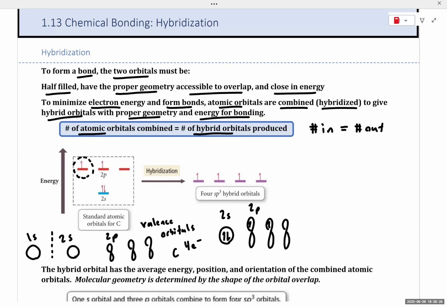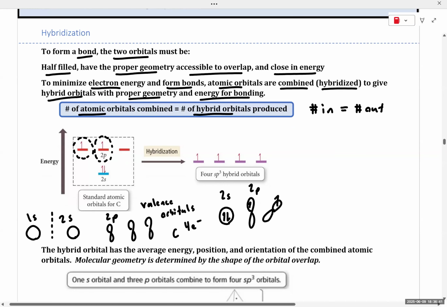So carbon, unhybridized, has the potential to form 2 bonds. That's not really taking into account the fact that in terms of geometry and in terms of orientation, these 2p orbitals aren't set up really for efficient bonding.